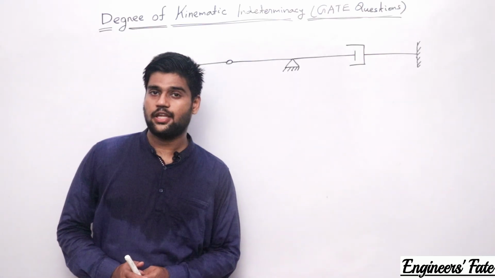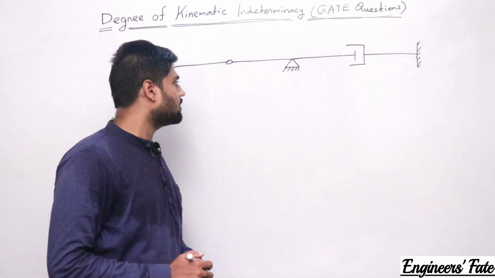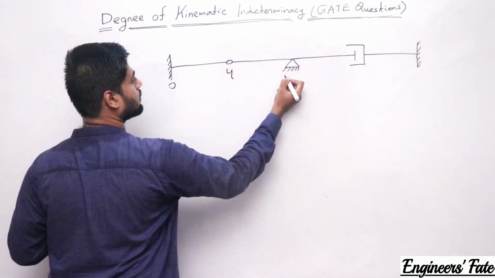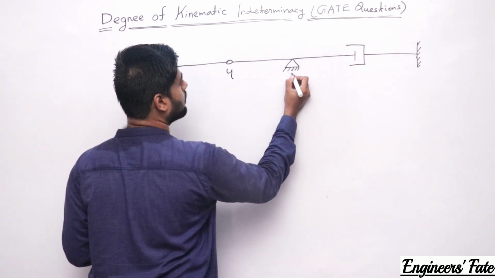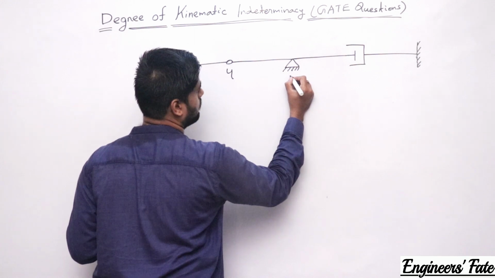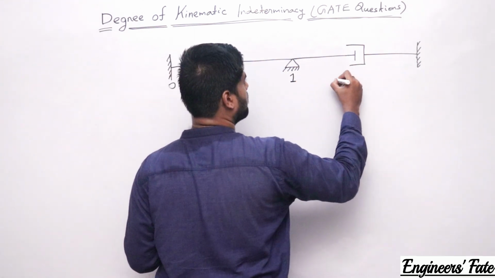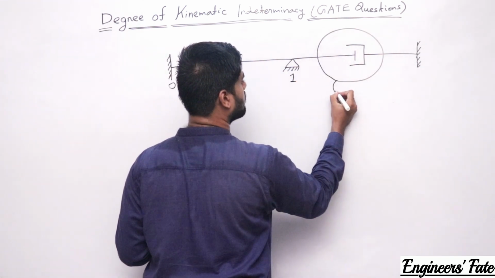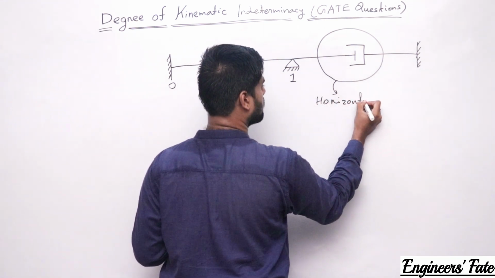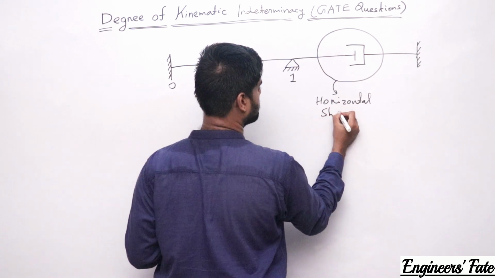So I hope you have tried this question. So fixed end 0, hinge 4, this is what? This is hinge support, so 1. So what is this? This is horizontal shear hinge.